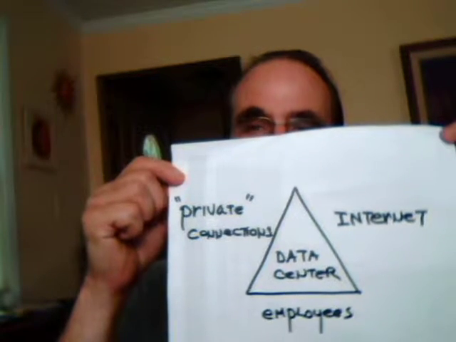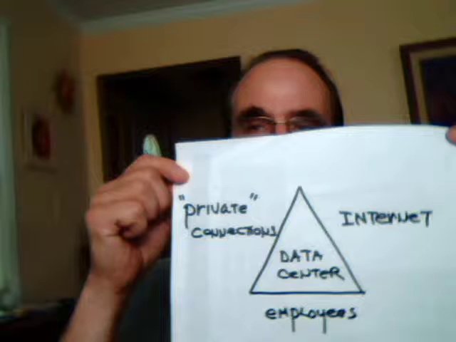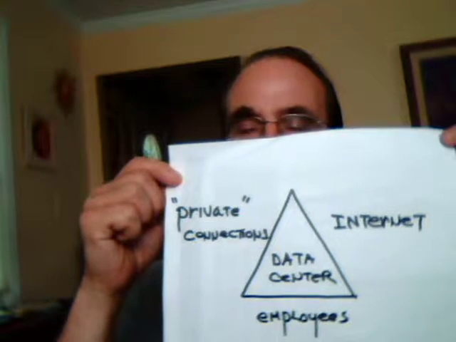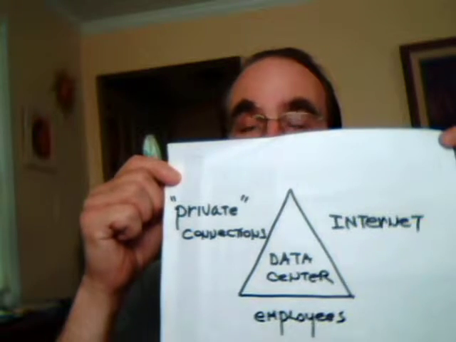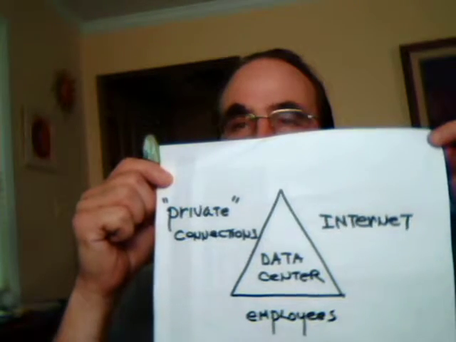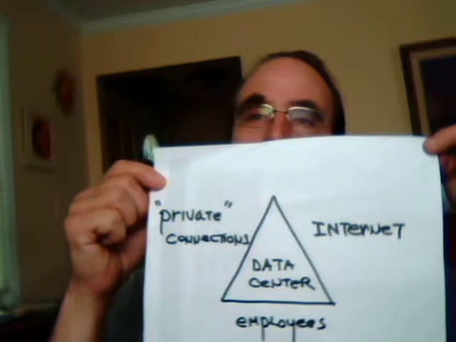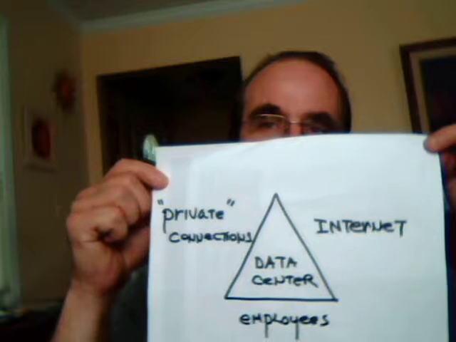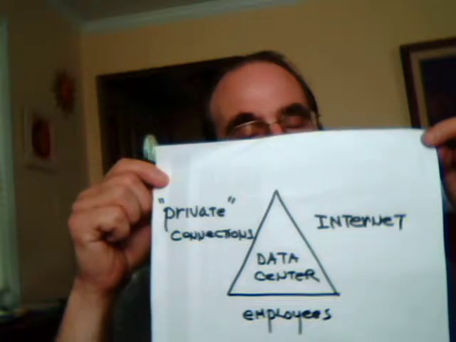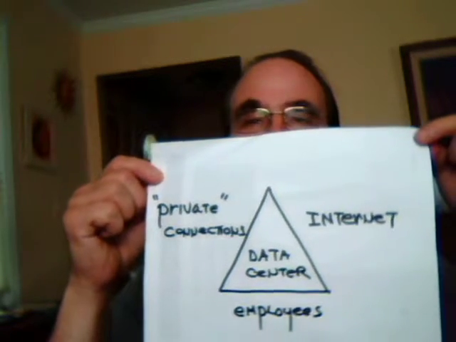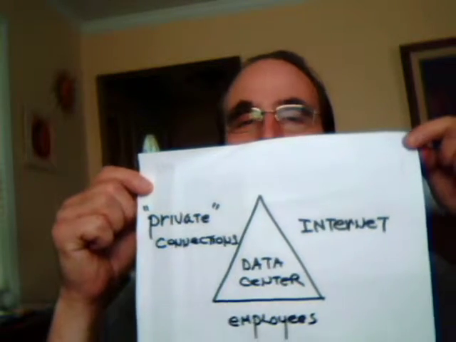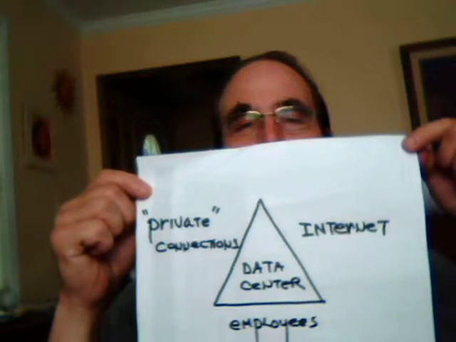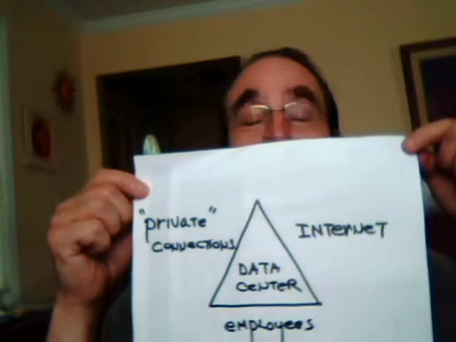Where your employees sit using the resources of the data center, where public users on the internet sit, potentially using your web servers if you provide them out of your data center, web services, and possibly private connections that your service partners, maybe your customers, have into your data center. Not the internet, frame relay, that kind of thing that's considered secure because it's not the internet, which is of course a bit of a joke, but we'll get into that later.